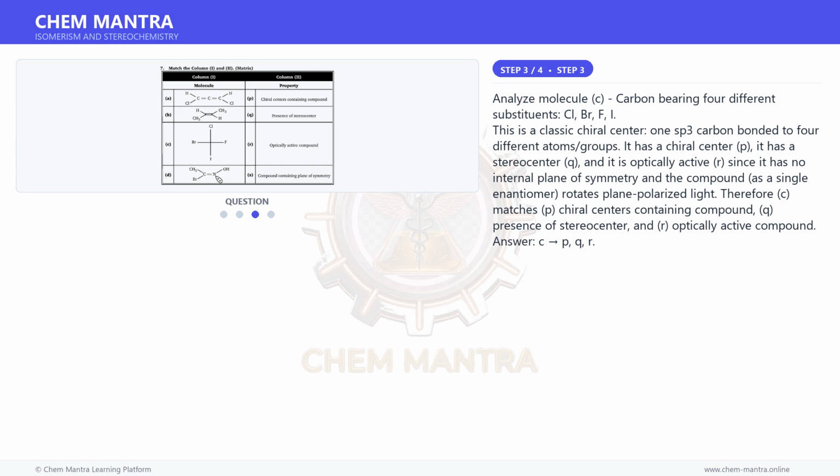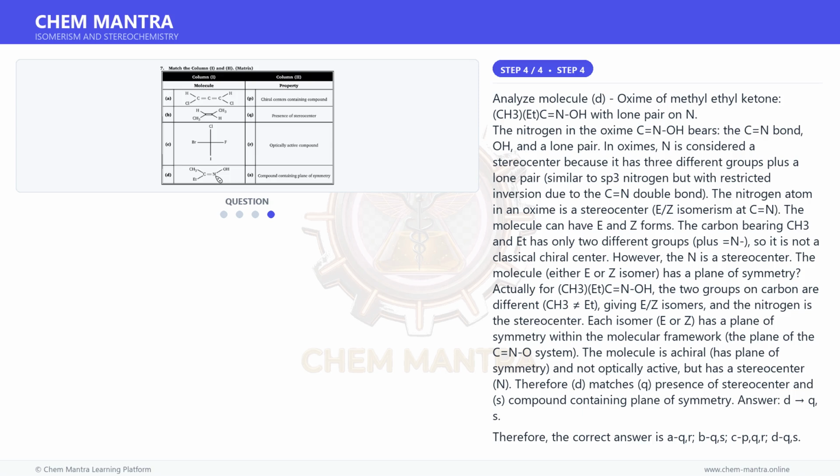Therefore, C matches P, chiral centers containing compound, Q, presence of stereocenter, and R, optically active compound. Answer: C-P-Q-R. And for the final step.